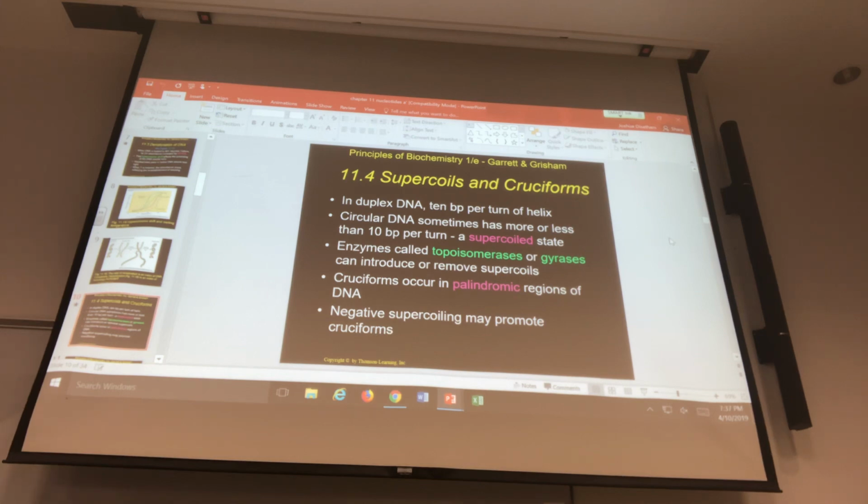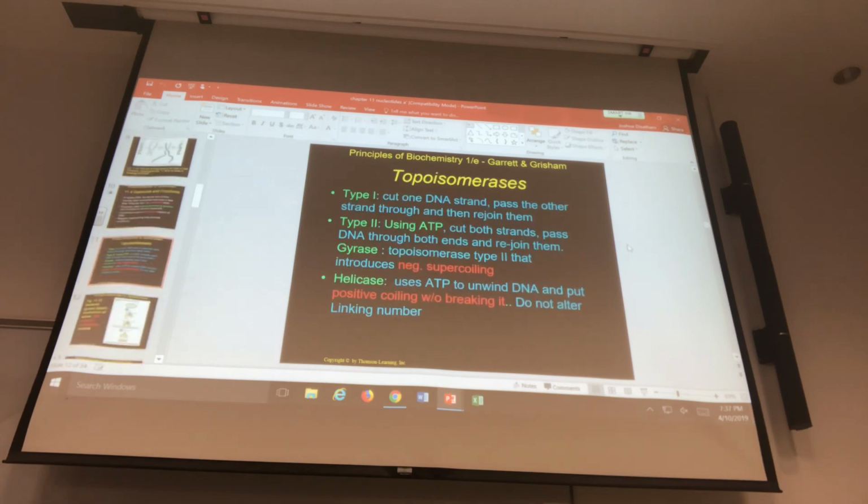Now, most of the time, we're able to fix supercoiling via two categories of enzymes called topoisomerases or gyrases. Technically, gyrase is a type of topoisomerase, but you can pretend they're two different things when you're studying for this. So topoisomerases and gyrases are special enzymes that fix supercoiling. There's a lot of information on these. Make sure you know the different types of topoisomerases, the differences between them, and what gyrase does.